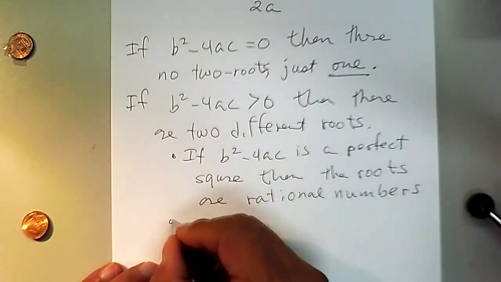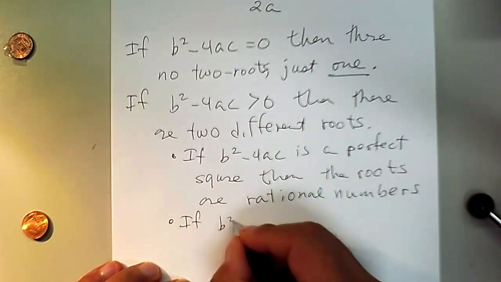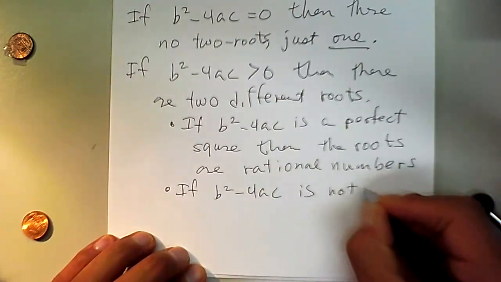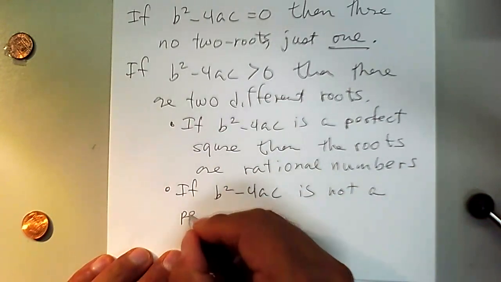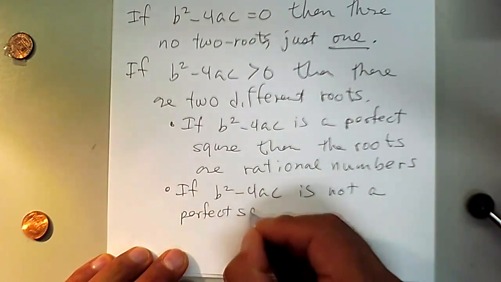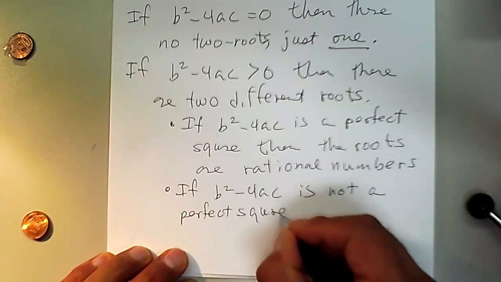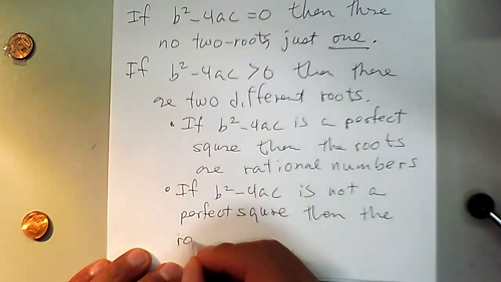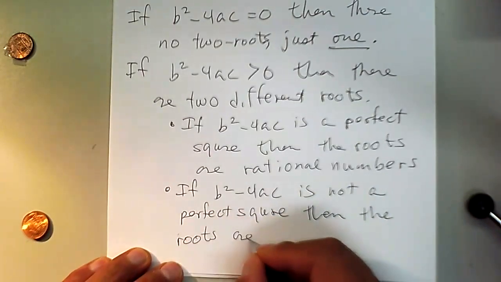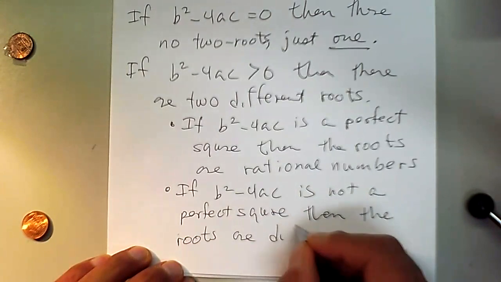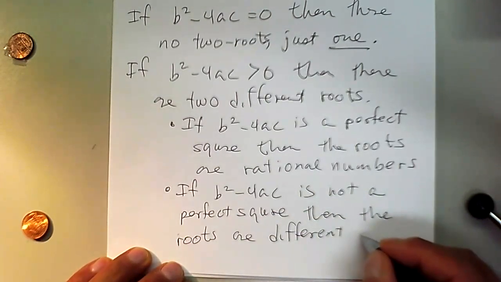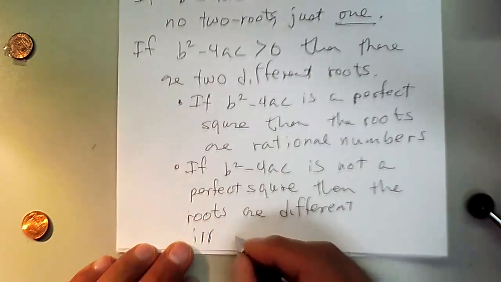But if b squared minus 4ac is not a perfect square, then the roots are different from one another, irrational numbers.